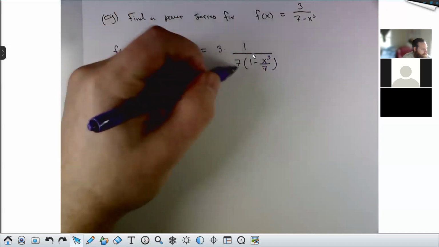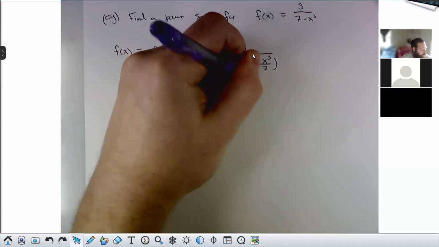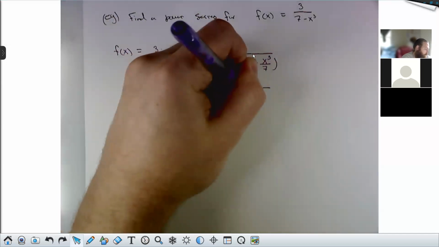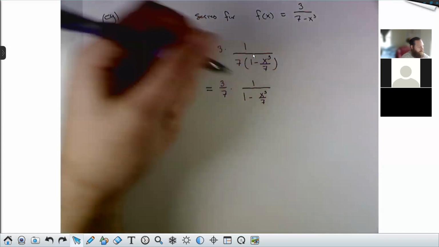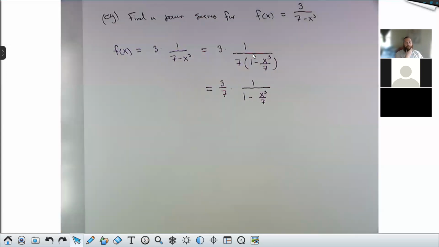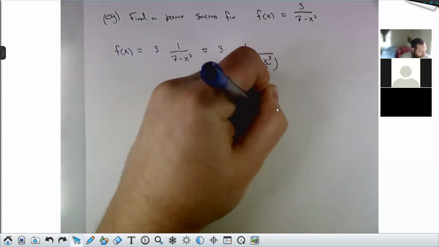I've got a 3 upstairs here. I've got a 7 down here. I'll write that as 3/7 times 1 over 1 minus x cubed over 7, like this. And the idea is that this piece now fits my geometric series formula. Here's u.